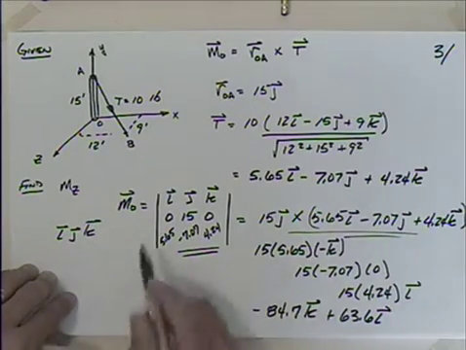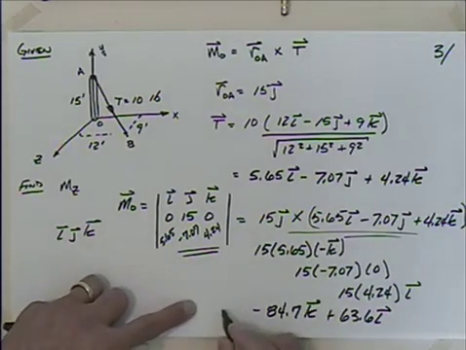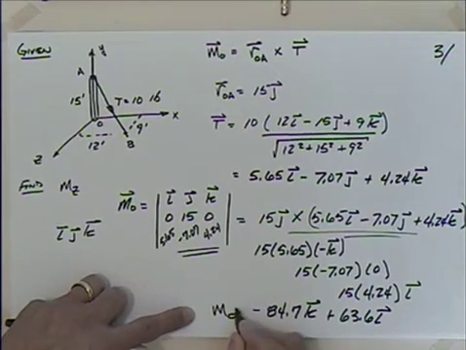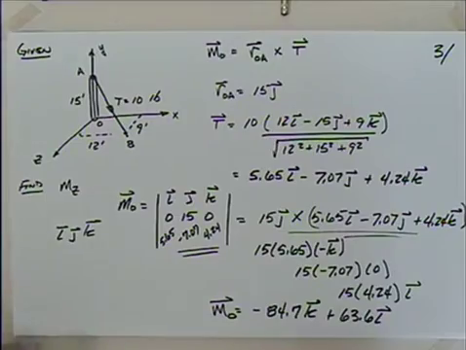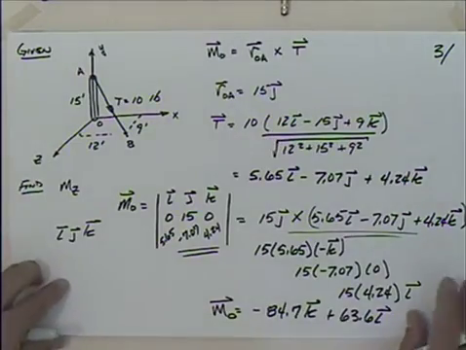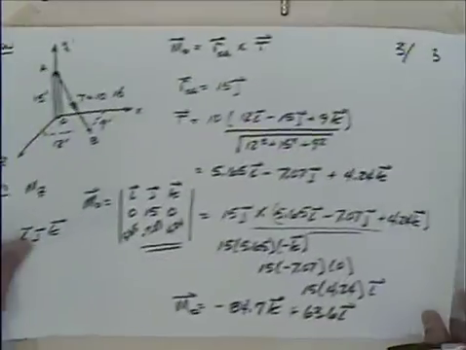So now we're not done yet. This is the moment about O. If we wanted to name this, there is the moment about O. We need to put units and whatnot on it, but we're not done. I want the moment about Z, so I can get that.